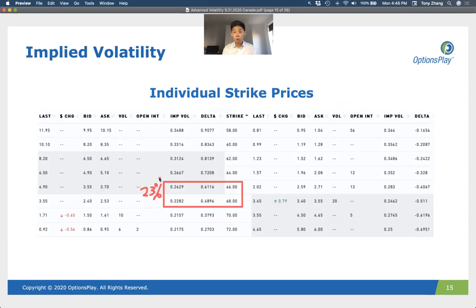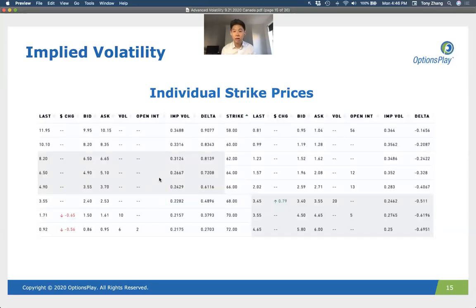You still wouldn't know whether 23% is high or low unless you constantly throughout the year kept track of this stock and knew that on the higher end it traded as high as 50, on the lower end as low as 12 or 13. So 23 is kind of on average, somewhere in between. But that means that you must have had a good understanding of tracking the historical implied volatilities. And guess what? That's not always easy to do.